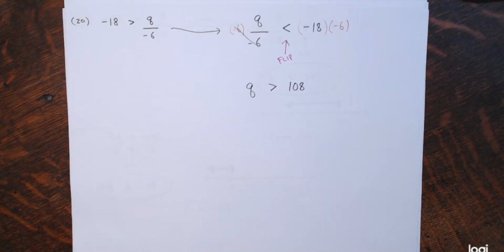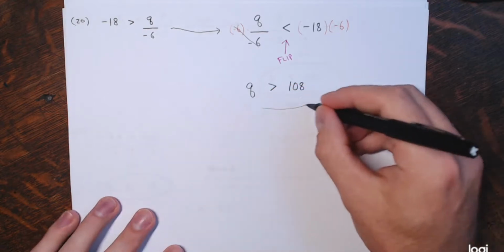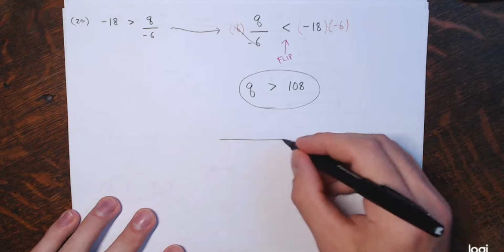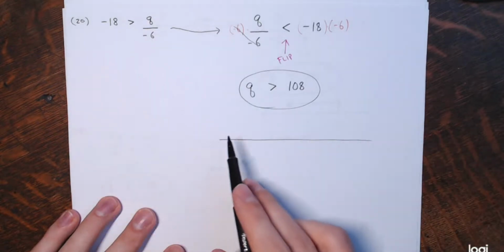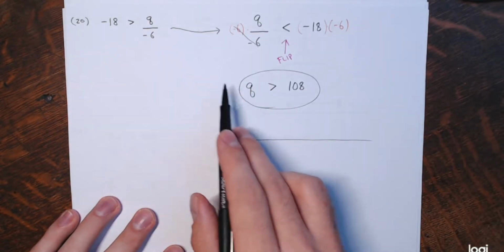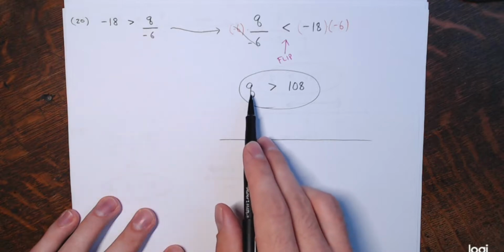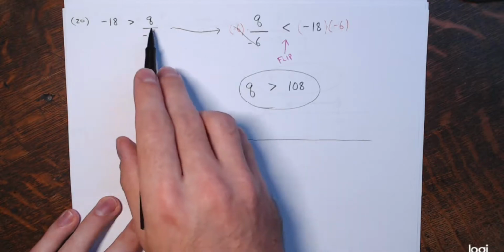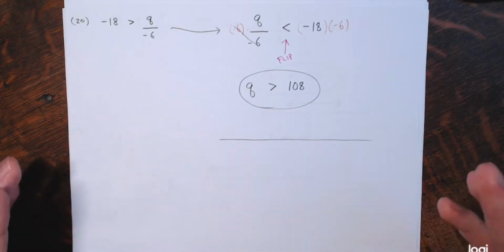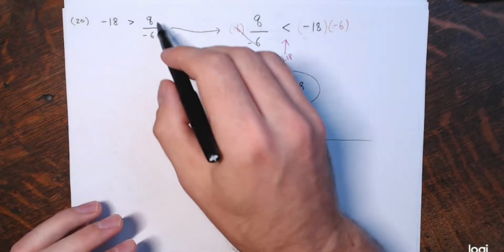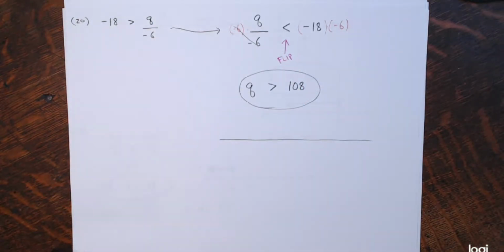And positive 108, right, because it's negative times negative. And there you go, all our solutions of this inequality. Any number I could replace q with to make this true. I could replace q with any number greater than 108, so 109, 110, 108.3, whatever, and the original inequality would be a true statement.